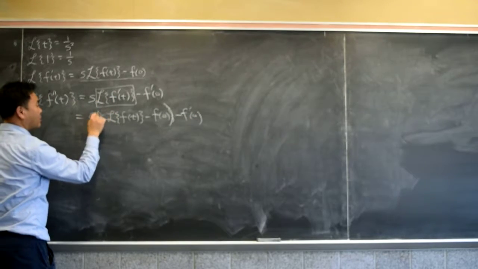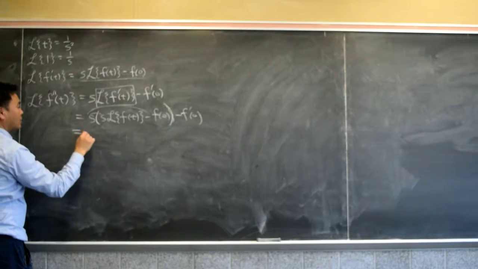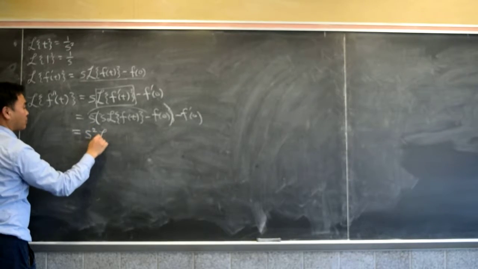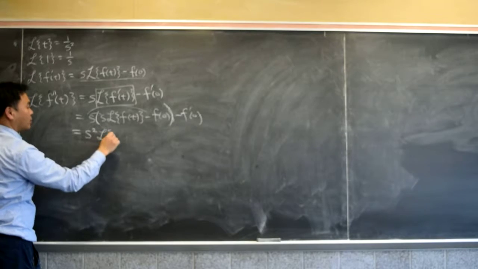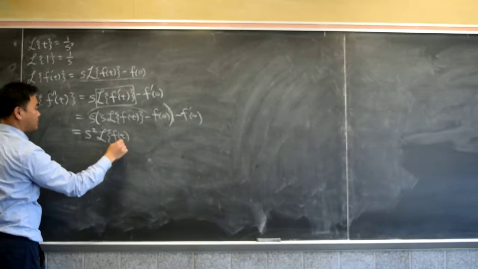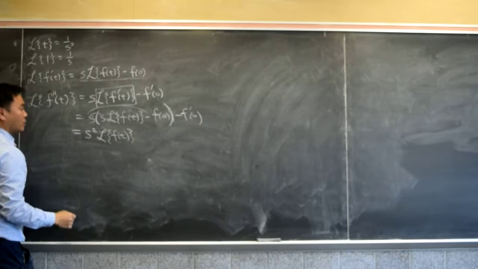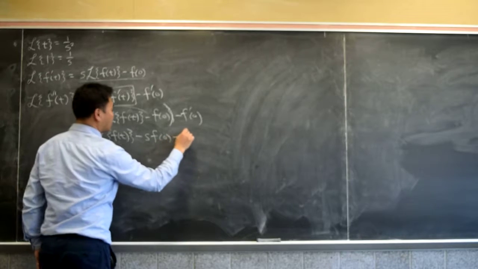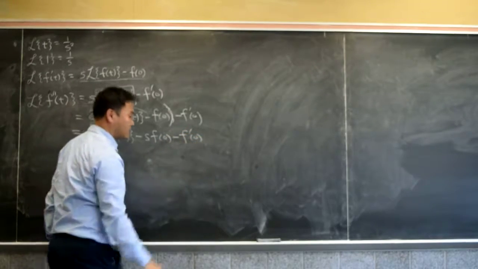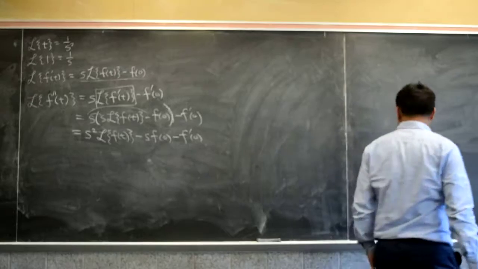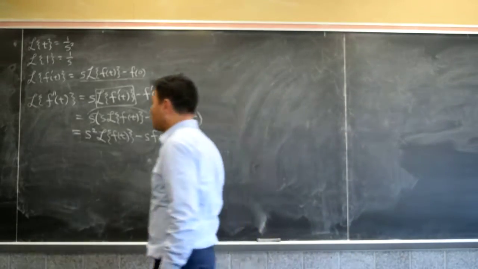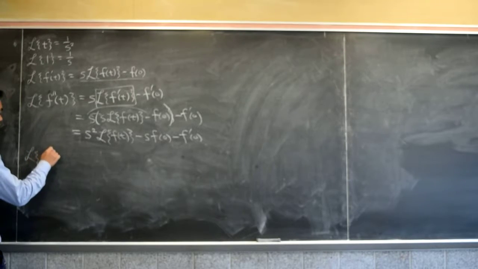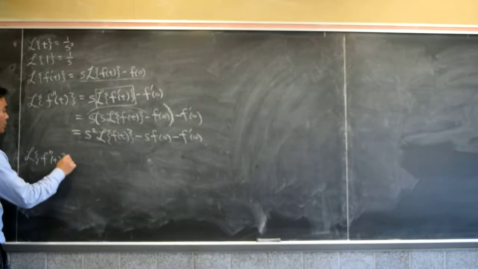And if you multiply the s inside, you get s squared times the Laplace transform of f of t, and then minus s times f of 0 minus f prime of 0. And actually you can do this many times. You can do this to the Laplace transform of f triple prime of t.